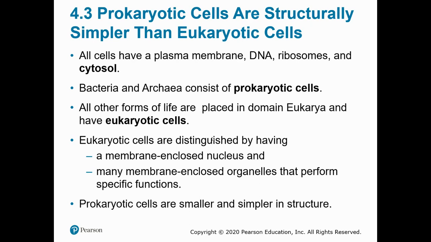So let's see what we have in cells when we're looking at cells altogether. The prokaryotic cells, which are simpler cells, are bacteria and archaea. All other cells are considered eukaryotic cells.